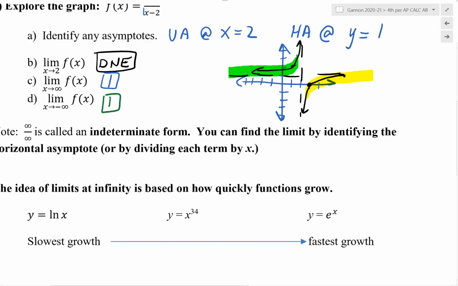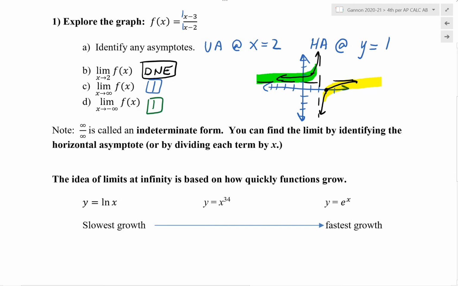So as you look at what's happening, when x approaches infinity and negative infinity, the graph is approaching those horizontal asymptotes. That's going to be a key idea in these problems.